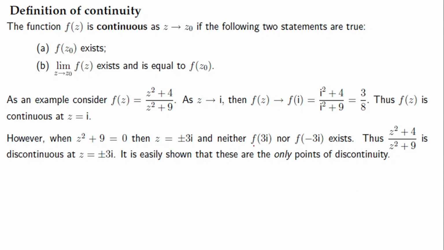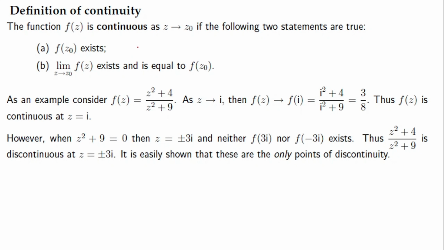So what is the meaning of continuity in terms of a function? The first thing we need to make sure a function is continuous is this: if f of z is continuous at the point where z is equal to z0, then f of z0 must exist.